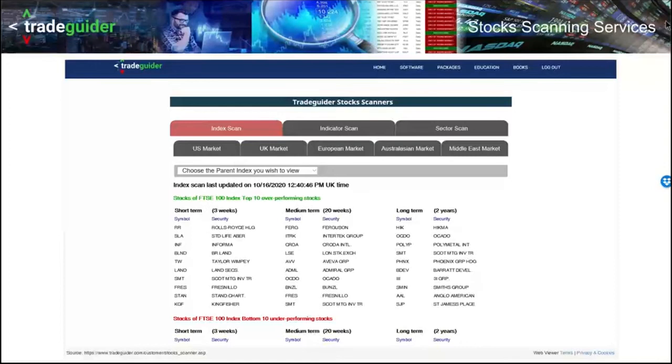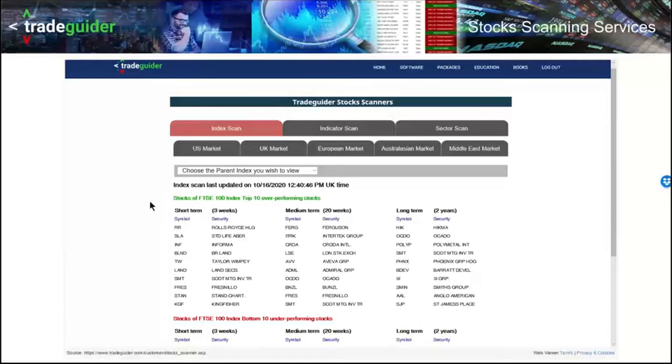So how does it work? What we are doing, we are taking all the stocks which belong to the particular index. We are measuring the index itself, and then we are comparing every stock from the list under this particular index with the index itself. This is how it's done.